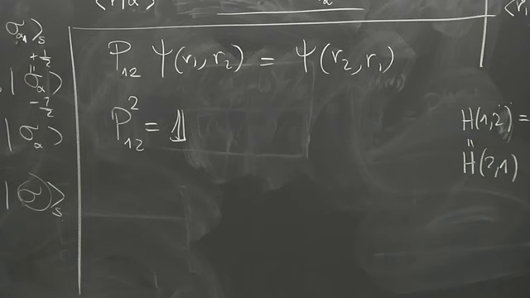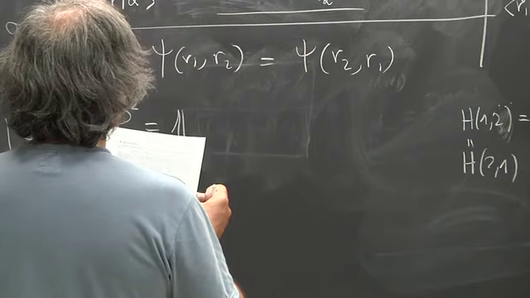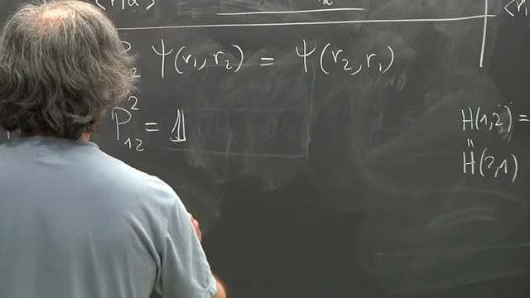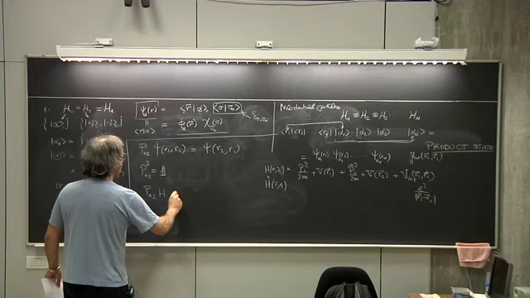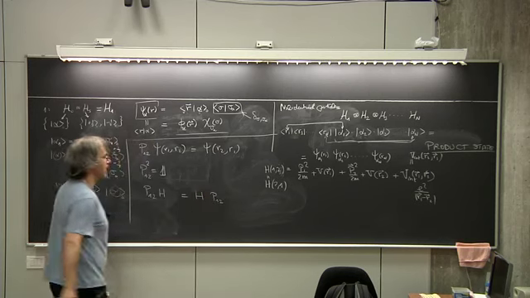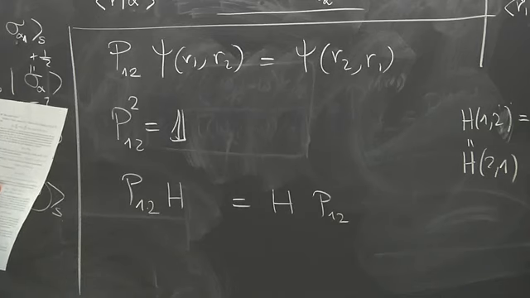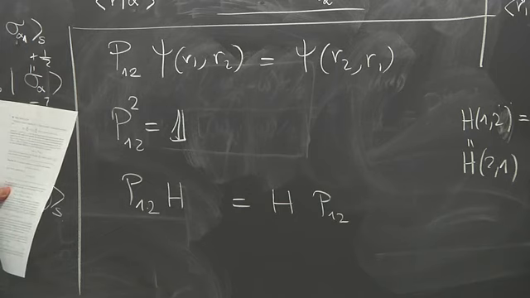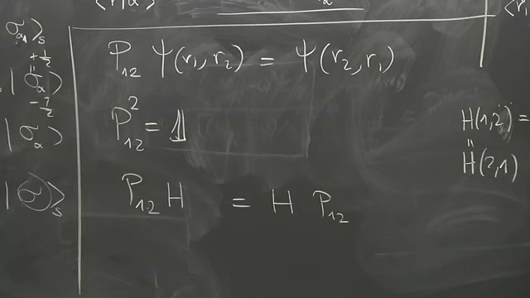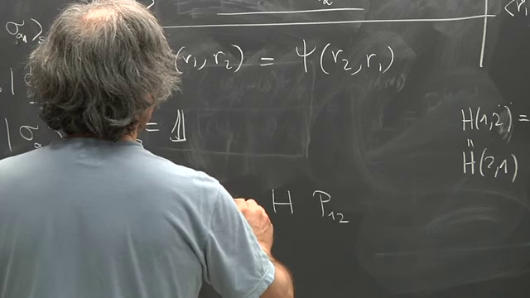Now you see, this is an operator whose square is 1, and it's very simple to prove that indeed it commutes with the Hamiltonian. In other words, P12 H is equal to H P12. Very simple. You just apply this to any arbitrary psi, okay?